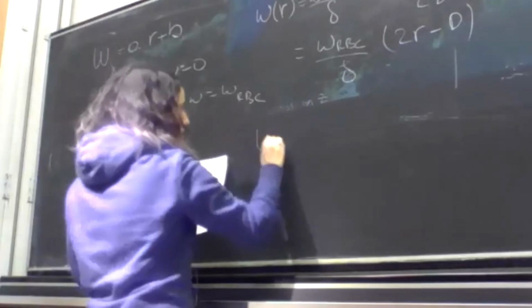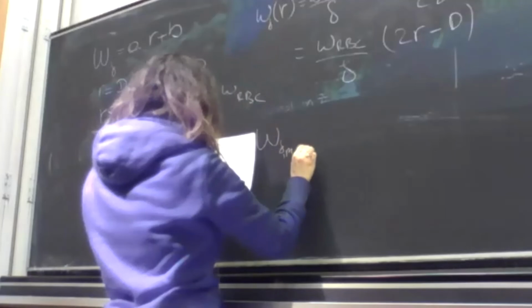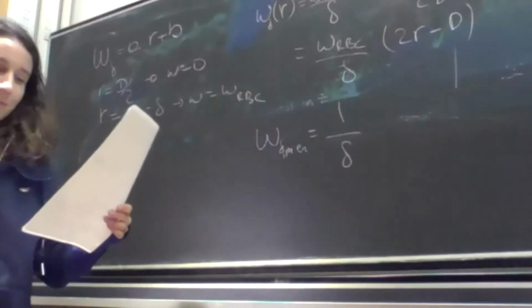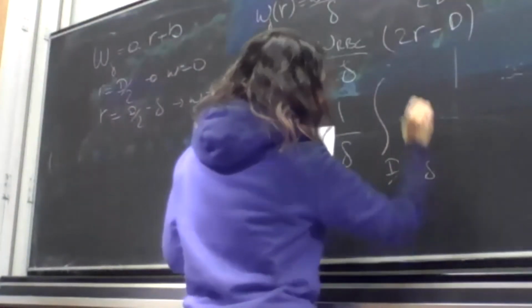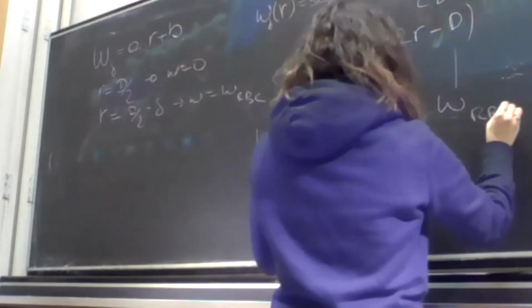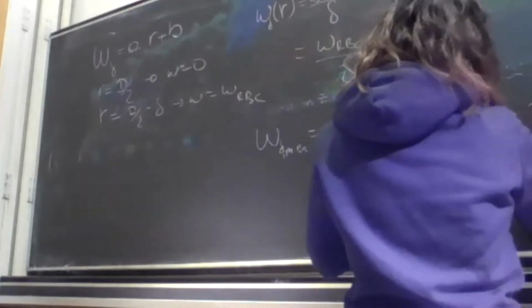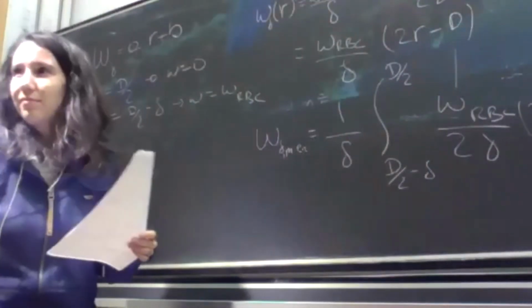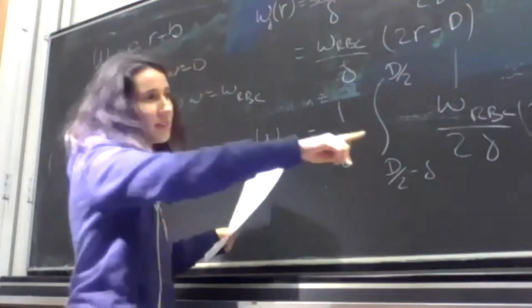The mean is normally 1 divided by the layer that you're looking at, between D divided by 2 and the other bound.